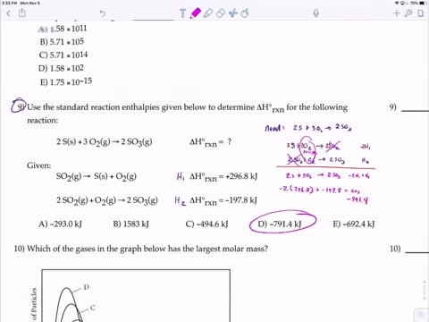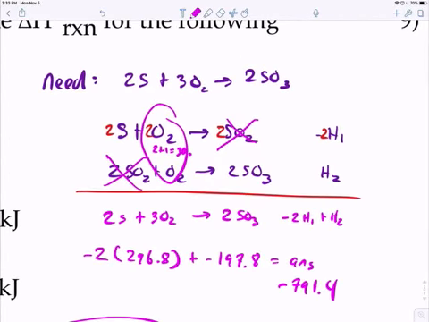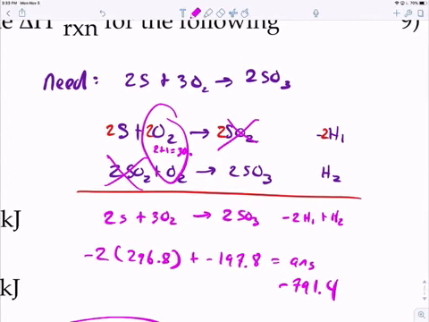So recap. We are given these equations. We want to know this other one. So we flip the first equation to get the sulfur and oxygen on the reactant side, and we leave the second one as is because the SO3 is a product. Then we multiply the first equation by 2 to get the proper ratio of sulfur, or you can look at it because we need to get rid of the two SO2s.